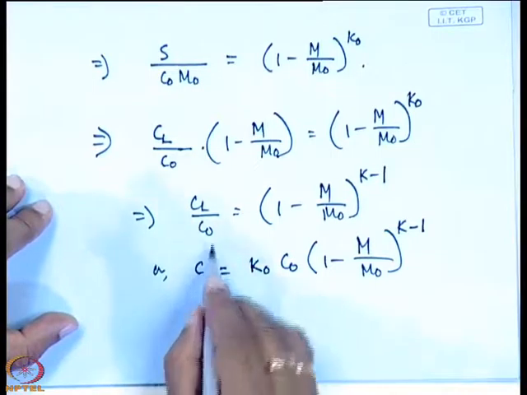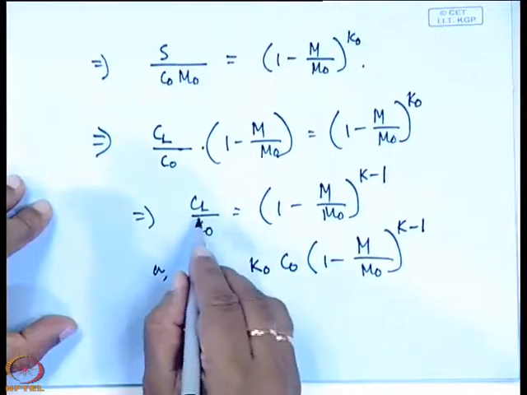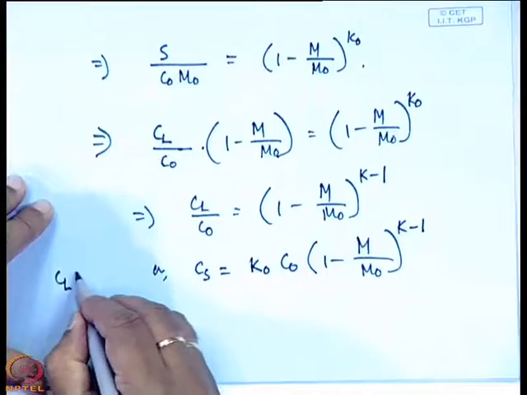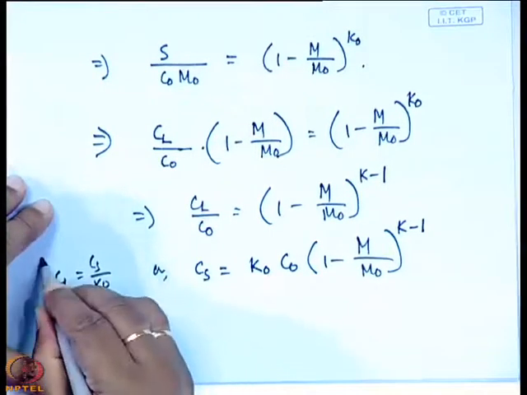That means, here you see that I have replaced CL with CL equals to CS by K0.